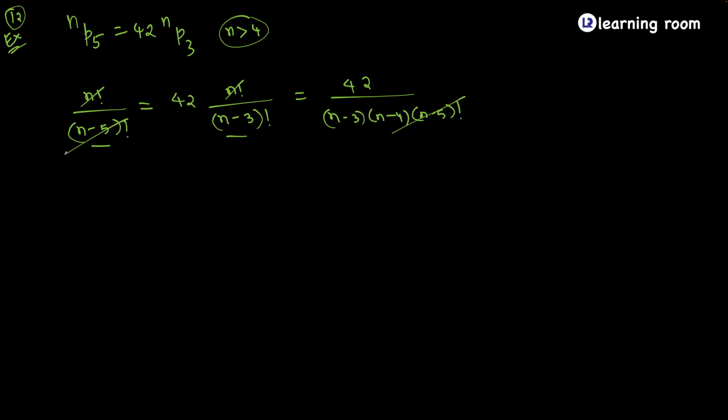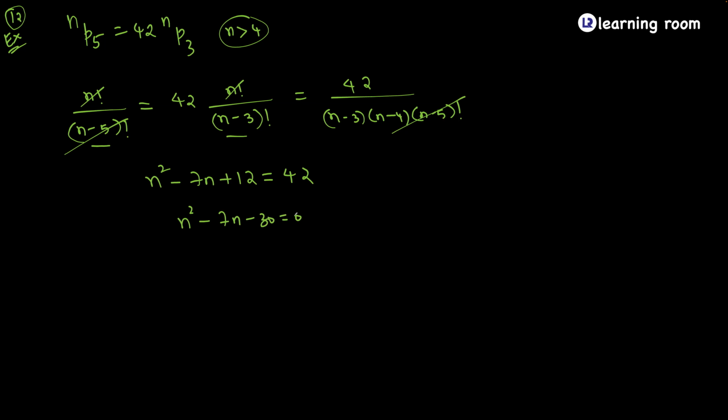Cancel this n minus 5 factorial and this n minus 5 factorial. So bring this n minus 3 into n minus 4 to the left, 1 to the other side. So n square minus 7n plus 12 is equal to 42. So n square minus 7n minus 30 is equal to 0.